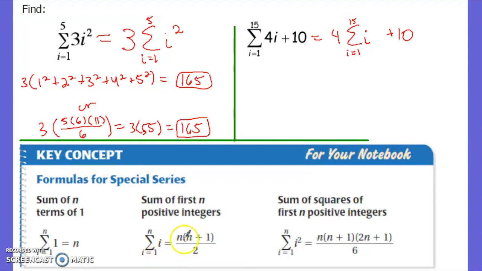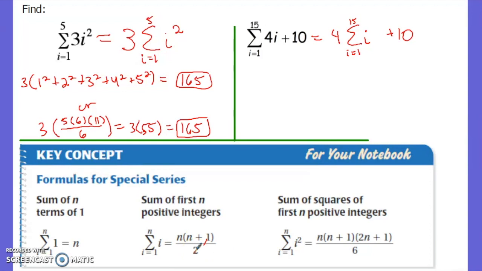Each of these formulas has 1 already in the formula, so you're starting at 1. If I'm taking n terms from 1 to n of just the integers, 1 and 2 and 3 and 4, there's another nice shortcut that says n times n plus 1 over 2.